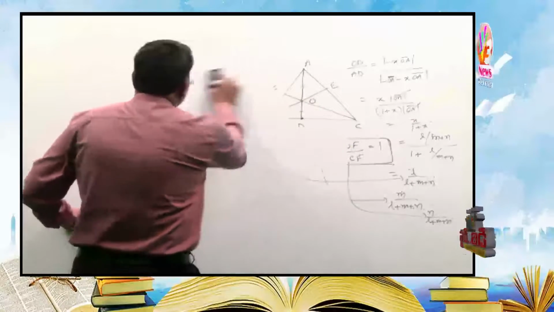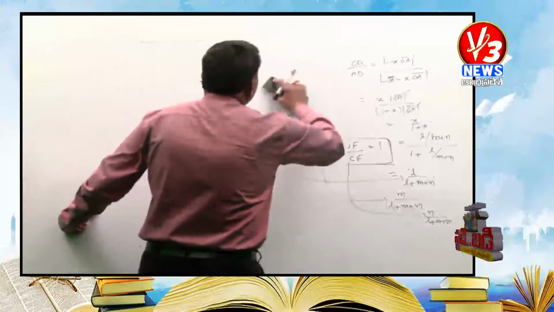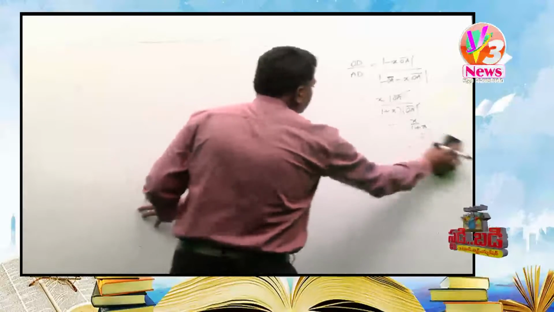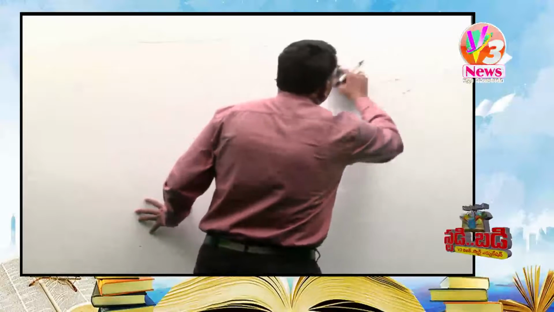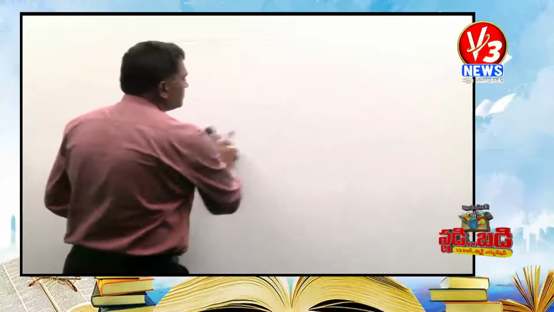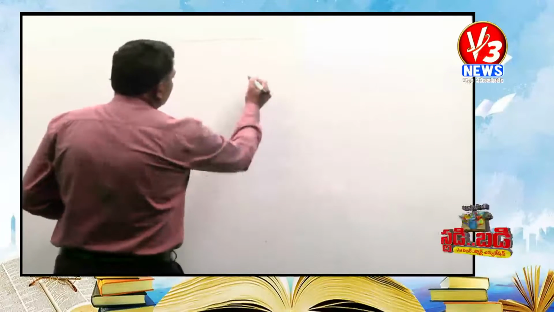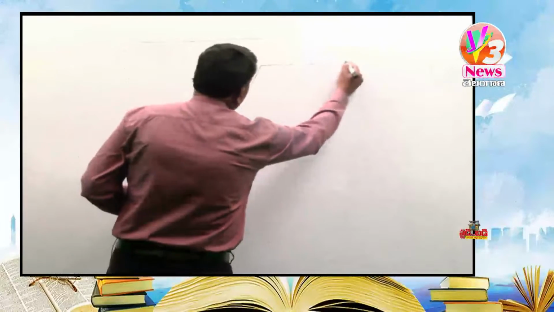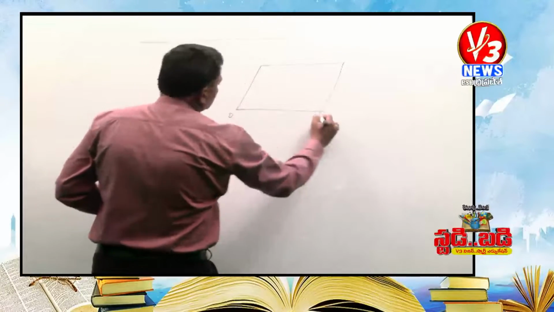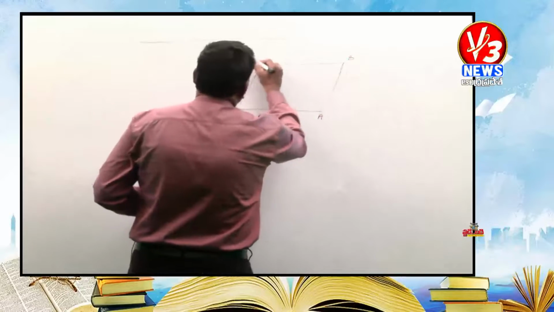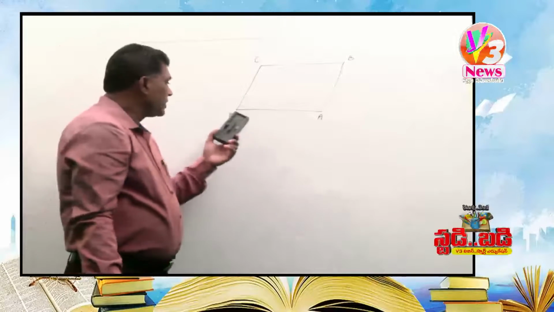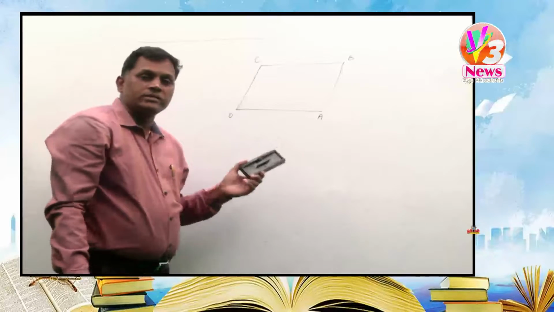Now instead of taking a triangle, let us go with a parallelogram OABC. Let us assume OABC is a parallelogram with one of the vertices as origin.